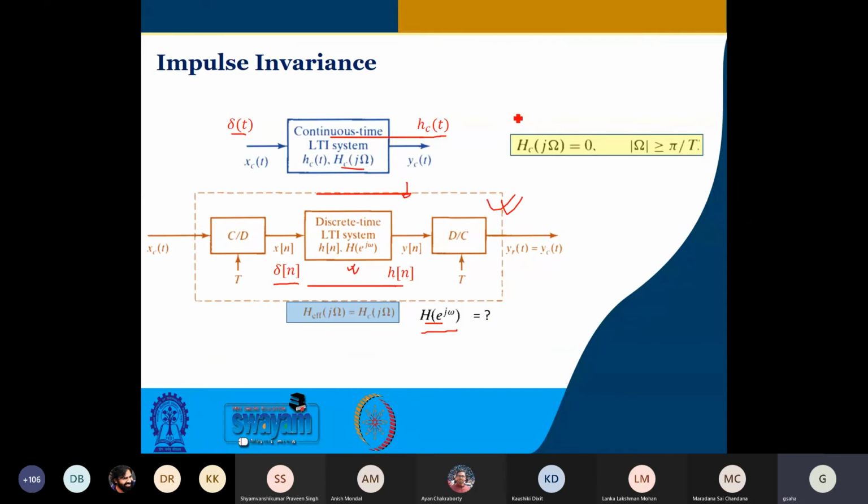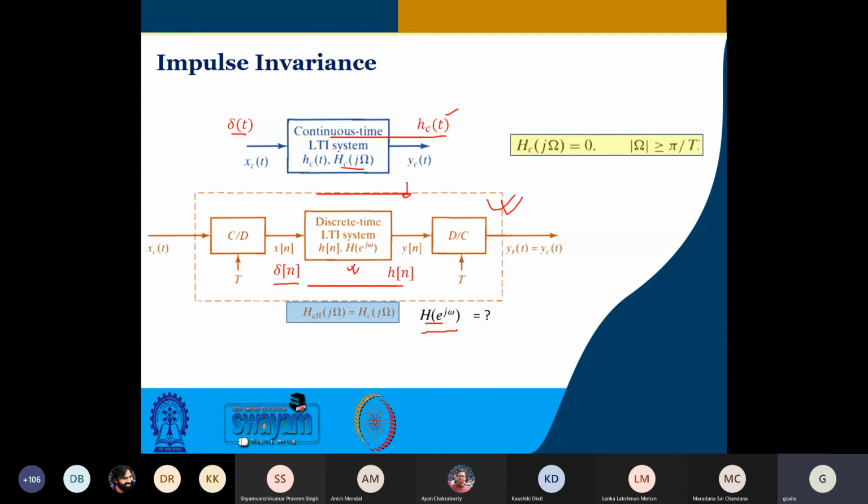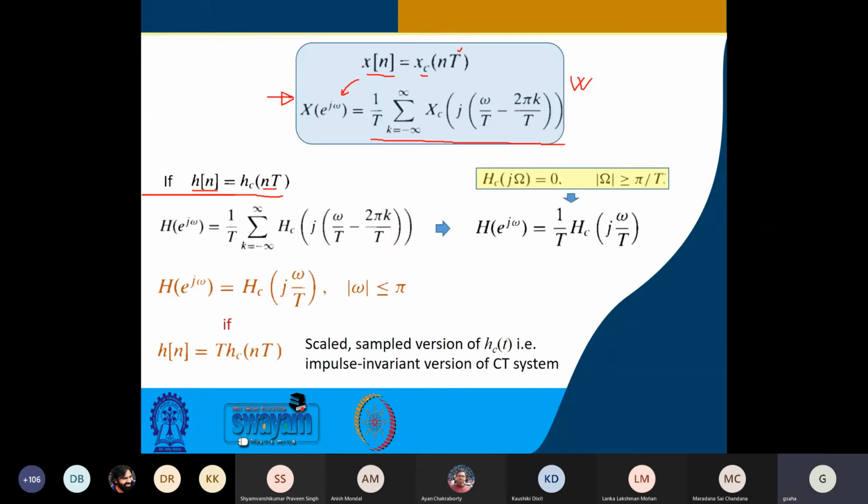We had h_c(t), and we take samples of it at interval of capital T. If these samples are the same as h[n], in other words the impulse response, each sampled version is invariant, the same as this one. Then what happens?